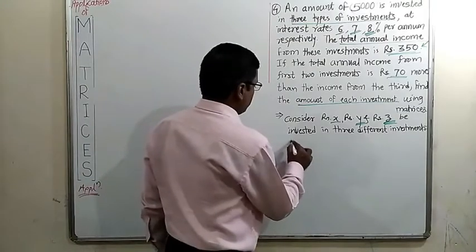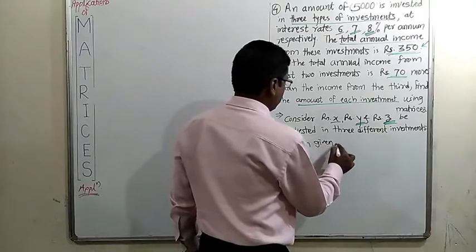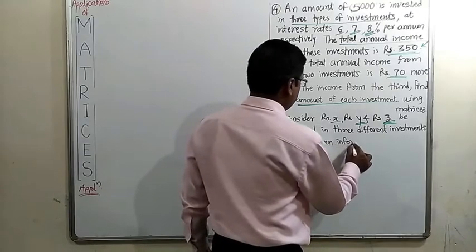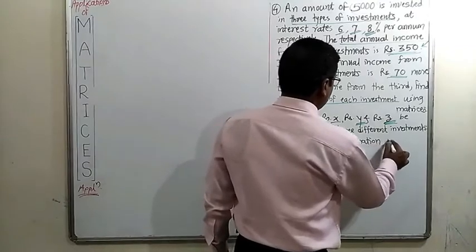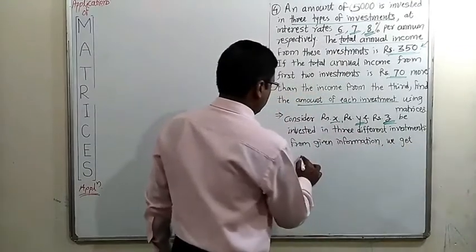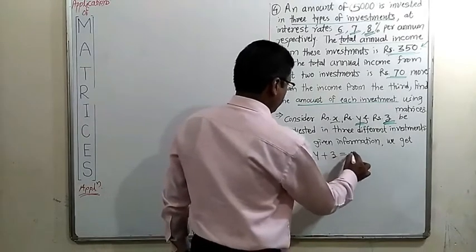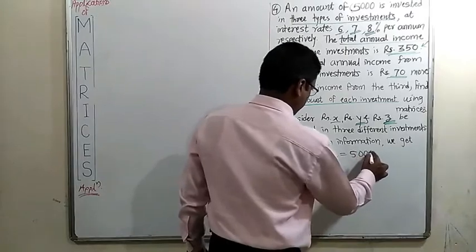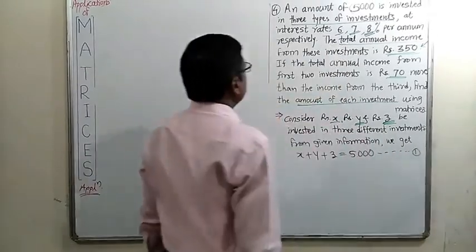Therefore, from given information, we get X plus Y plus Z is equal to 5,000. This is our equation number 1, which is very simple.